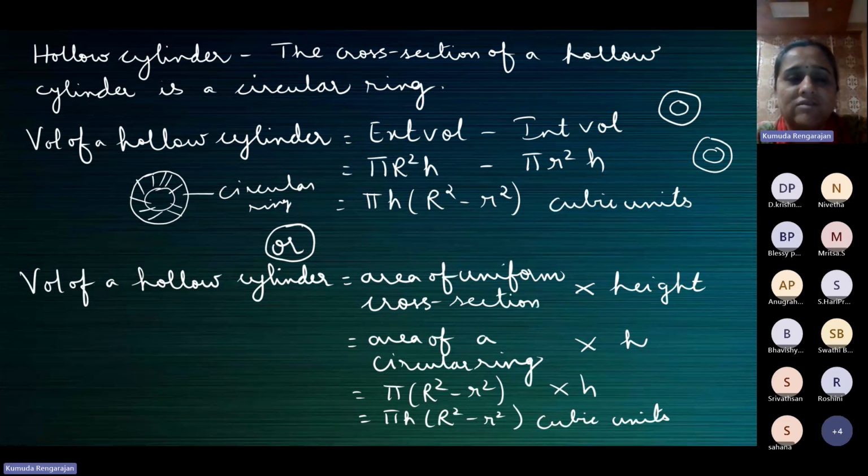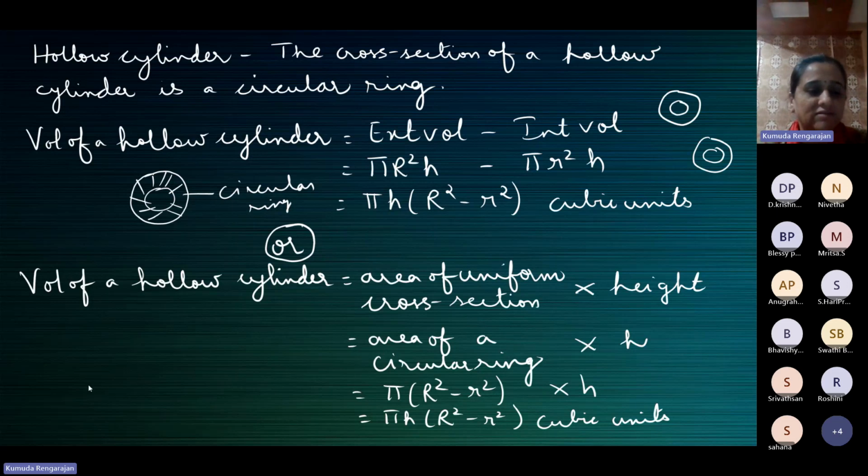So how do you obtain this hollow cylinder? When you place many identical circular rings one over the other, when you stack them up to any height, the solid obtained is a hollow cylinder. So the cross section of a hollow cylinder is a circular ring.